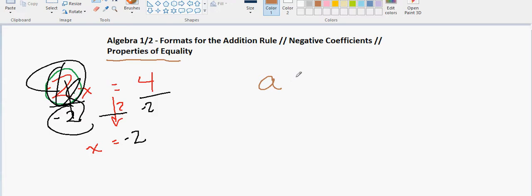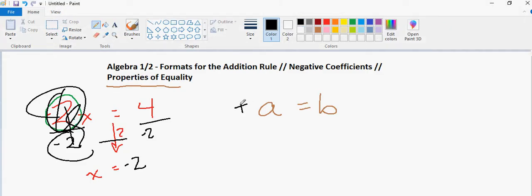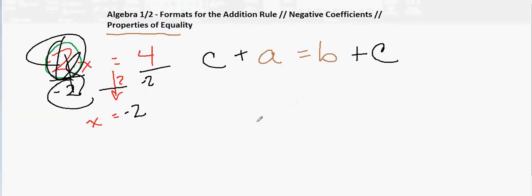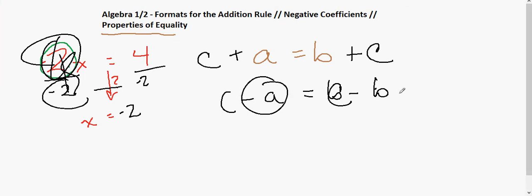So to review, if A is B and I add C to both, that's the addition property of equality and it is still true. We can call subtracting the subtraction property of equality, where this is true. I should keep this in the same order though, C minus B, because this is what I'm adding.